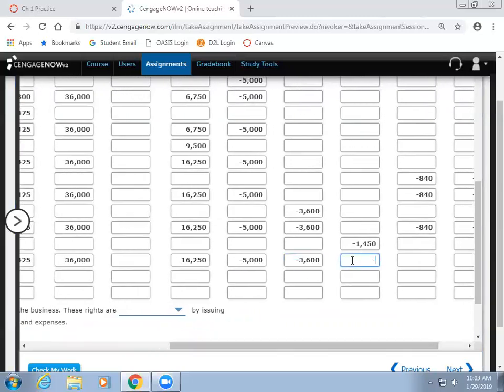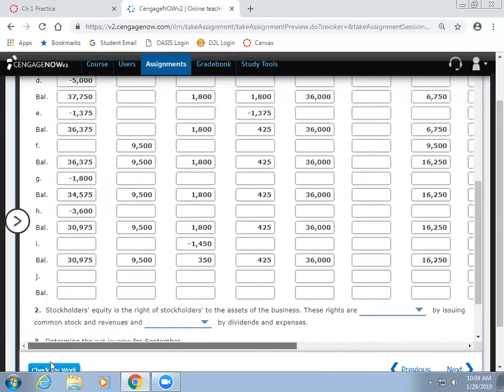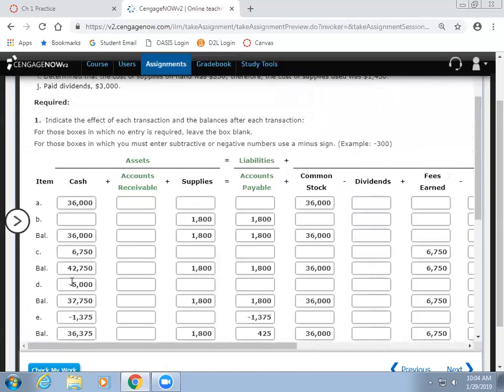So I have that new supplies expense of a negative $1,450. And then once we carry all those balances down, we have one more transaction left.